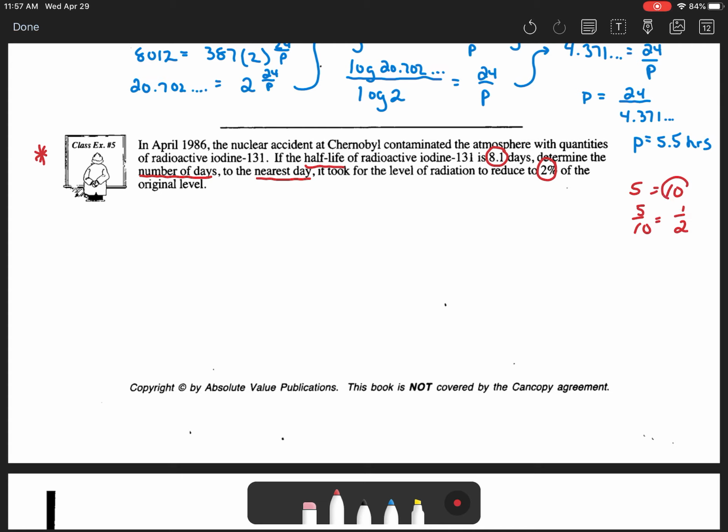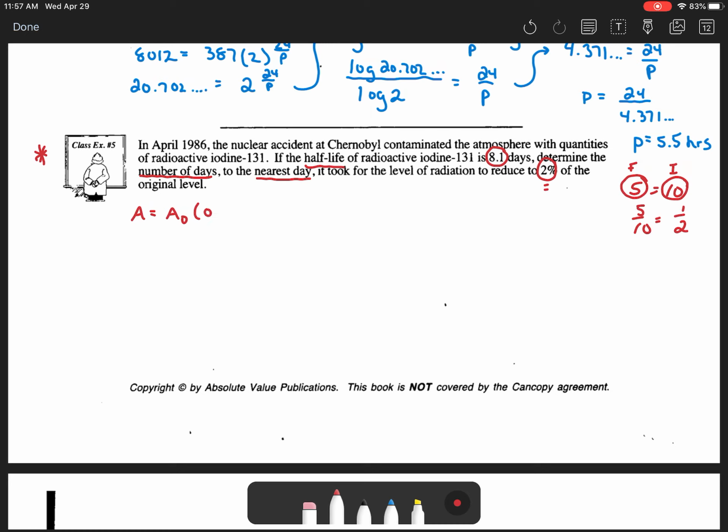So when I do that, I don't need to know these two values. I need to know what happens when I take the final amount and divide it by the initial amount. That's all that I need to know, the percentage, which they've given me, and that's 2%. So when I go to my question and set up the equation, I'll show you. There's the final amount, there's the initial amount.